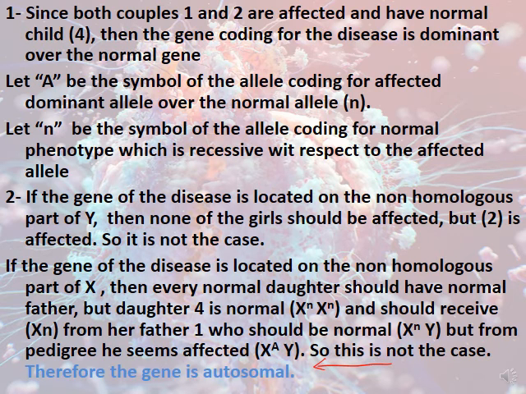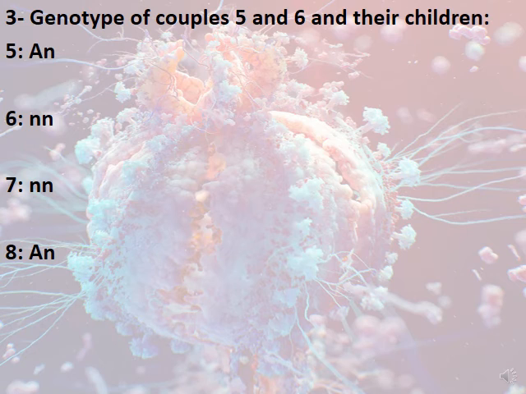Then they move to talk about the genotypes of members 5 and 6 and their children. So we gave A for the disease and N for the normal. 7 is normal, so 7 should be N N. So N should be inherited from 6 and another N from 5.